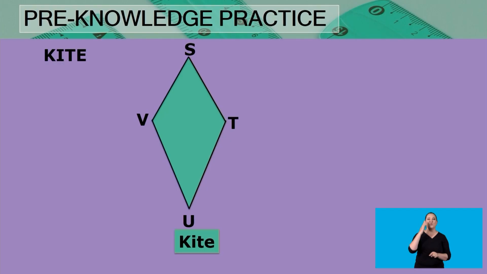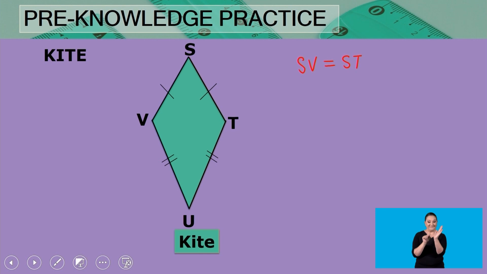Let's move over to the other quadrilateral, and that is our kite. What do we know about a kite? We definitely know that it is a quadrilateral, but what is special about a kite? Yes, we have adjacent sides that are equal. We have SV, which is equal to ST. Those two sides are adjacent to each other and they are also equal to each other.